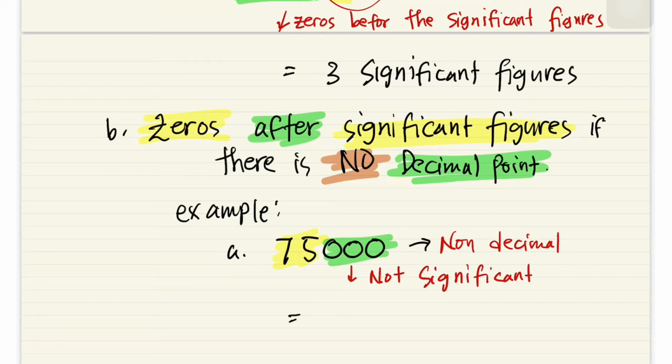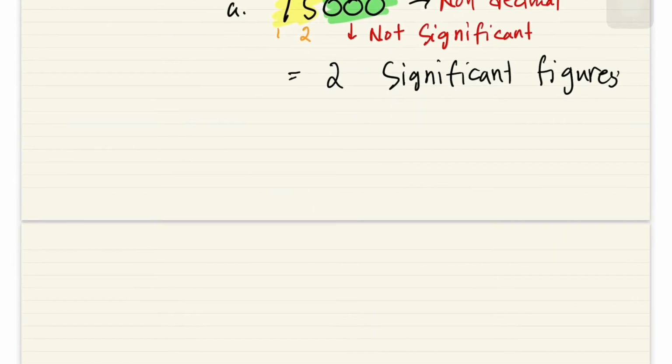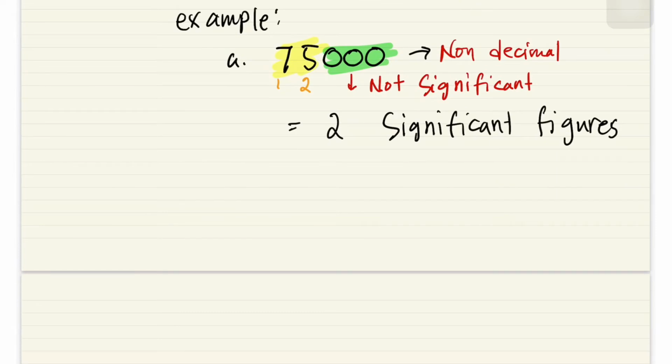So the answer would be, you start counting as 1, 2. So there are only 2 significant figures. All right, there's only two significant figures.